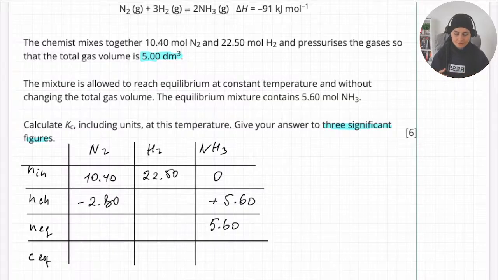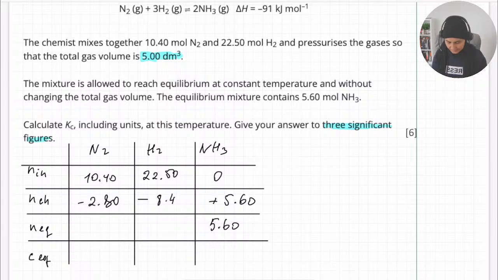It's a reactant, so reactants are used up. And then hydrogen, you can apply either the 2:3 ratio with NH3 or the 1:3 ratio with nitrogen. You'd get the same number, obviously. So I will apply the ratio to nitrogen: 2.8 times 3, 8.4. And what's the sign? The sign would be negative because again it's a reactant, so it is used up.